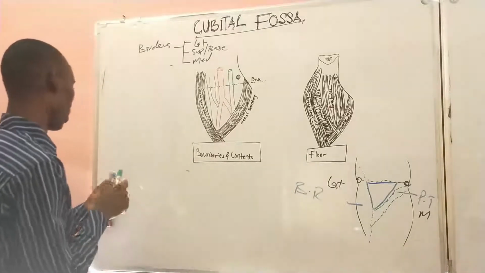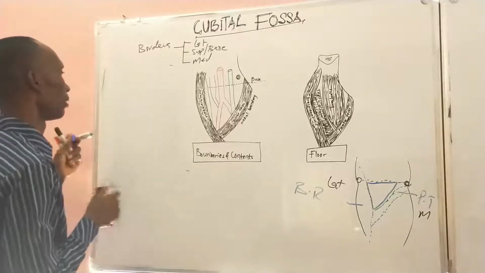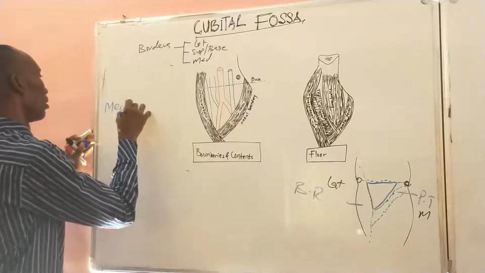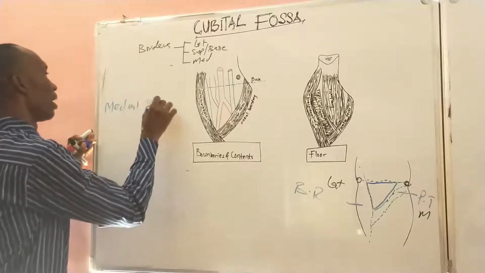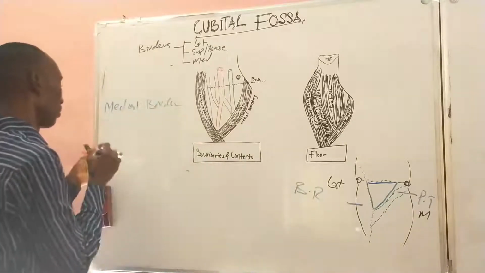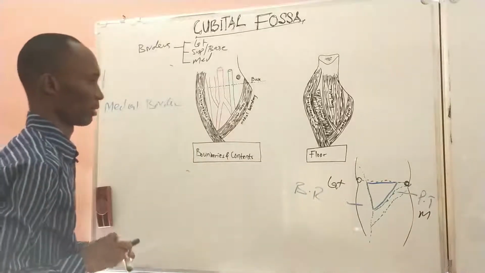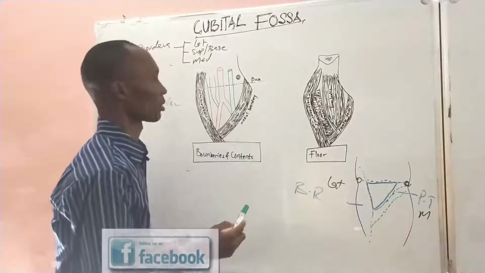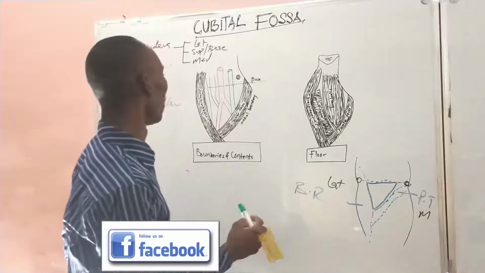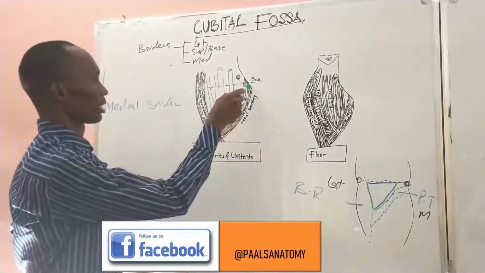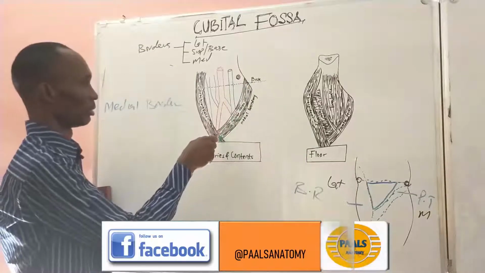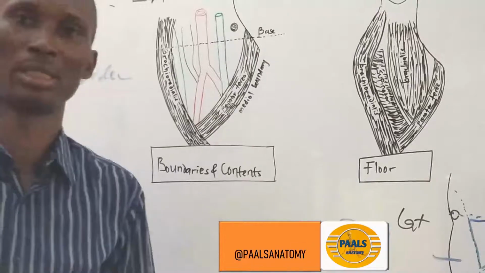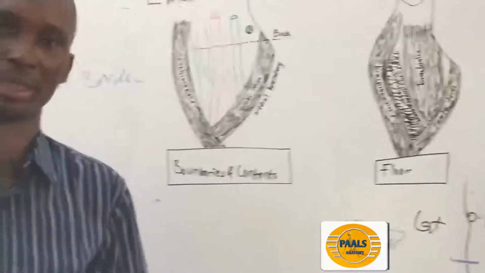In the borders, we start with the medial border. The medial border is formed by pronator teres. The part of pronator teres forming this medial border is the lateral border of pronator teres.